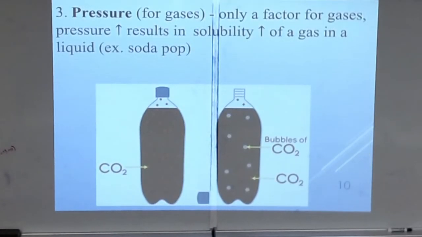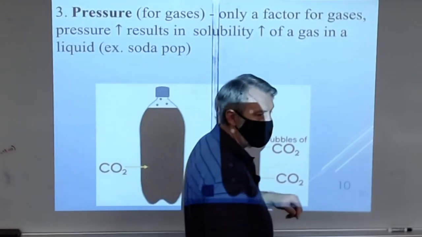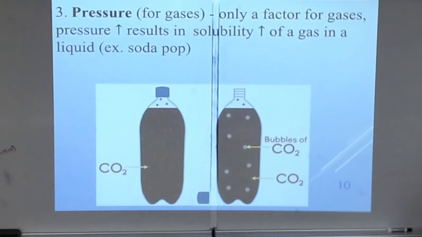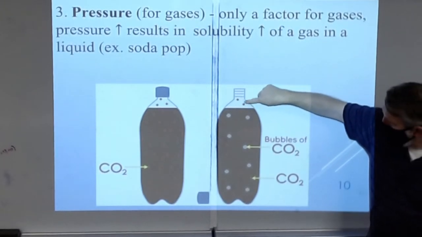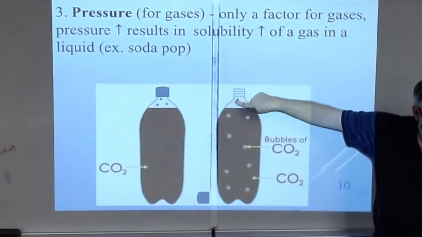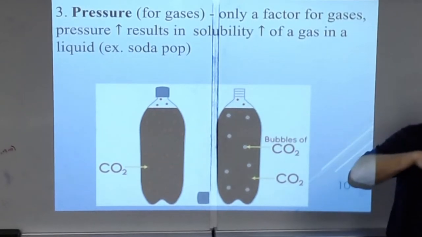Pressure. For gases only. For gases only. We frequently have questions on the test, and students get confused about this. What I mean by pressure is the pressure that's on top, this space here. Because we know we can compress gases, right?